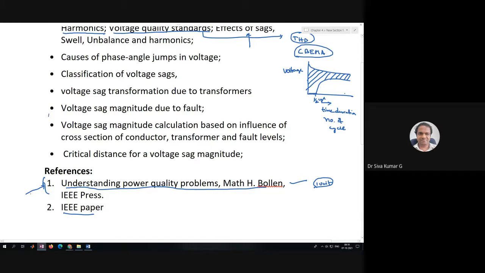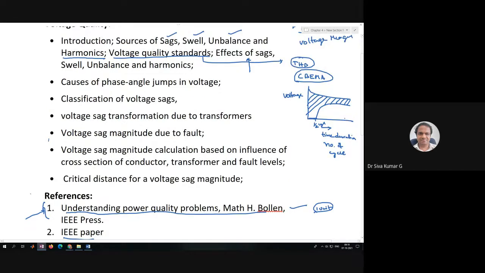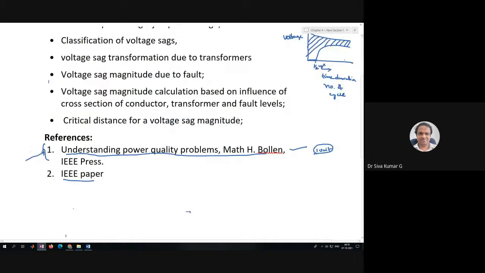Now we try to discuss the voltage sag only. How is voltage sag defined?